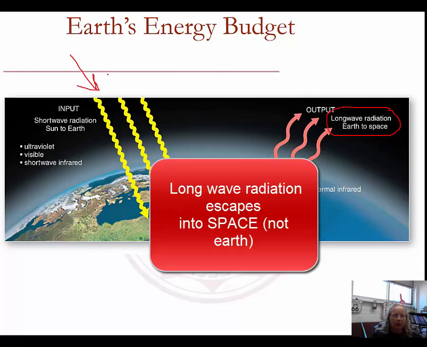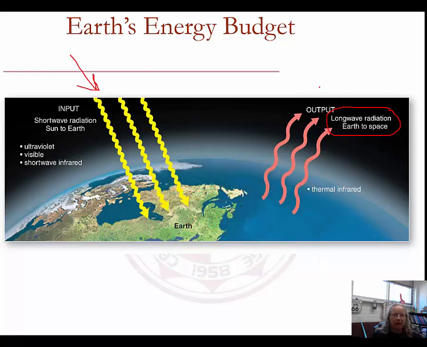It is very important that the amount of energy coming into the Earth is equaled by the amount of energy going out. If one overwhelms the other, the Earth either heats up too much or cools off too much for life to be sustained.